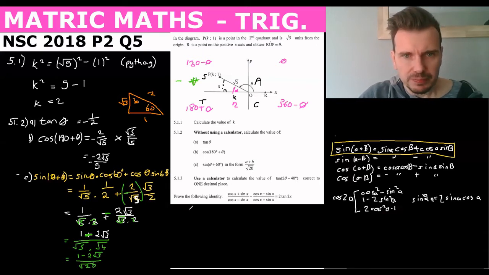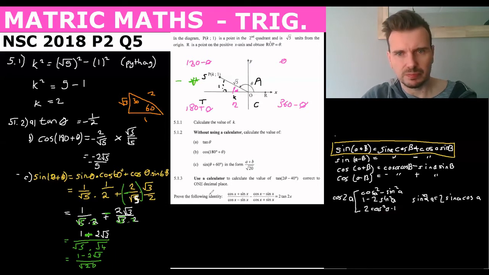Okay, use a calculator to calculate the value of 2 theta plus 2 theta minus 40, correct to 1 decimal place. Well, you can just get the value of theta.